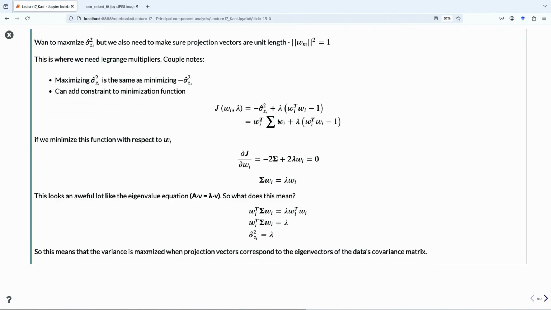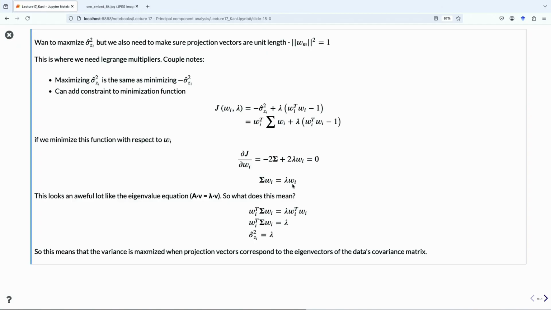Times the covariance matrix plus lambda, and then we simply minimize the Lagrange equation with respect to the projection vector, and doing so gives us that the covariance matrix times the projection vector is equal to lambda times the projection vector.